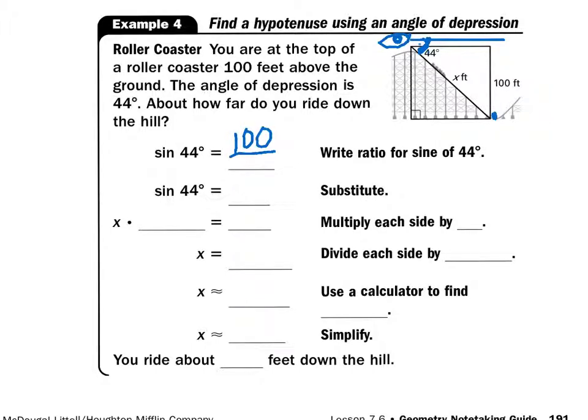So 100 over x. Now we need to multiply both sides by x to get rid of the x underneath. So sine of 44 times x equals 100. Now we need to divide by the sine of 44.